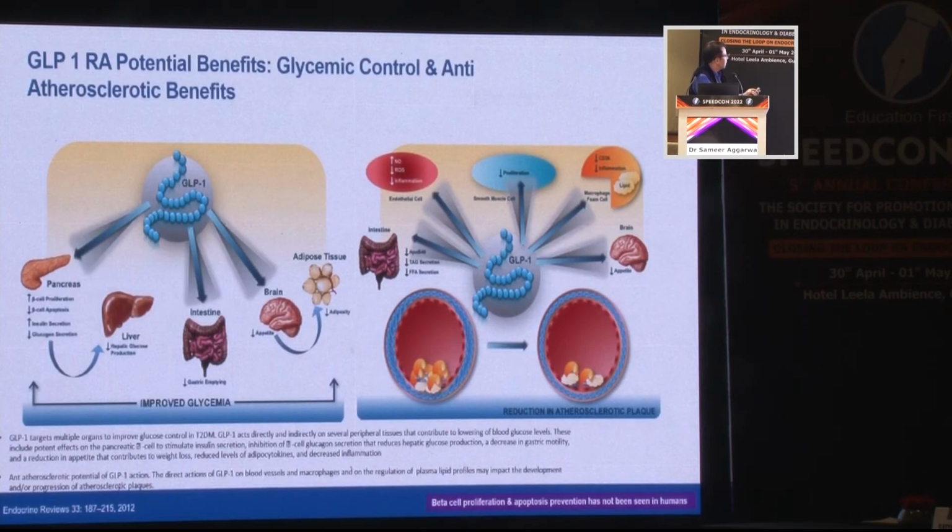So I think a GLP-1 receptor agonist like dulaglutide is offering potential benefits beyond glycemic control, and it also offers anti-atherosclerotic benefits that have been shown by various mechanisms, decreased nitric oxide production and other benefits which come with the use of GLP analogs.